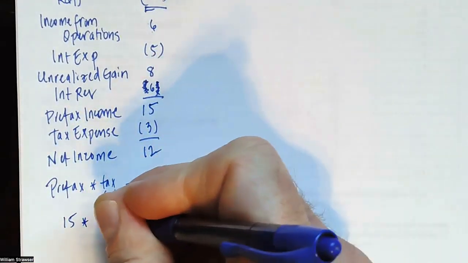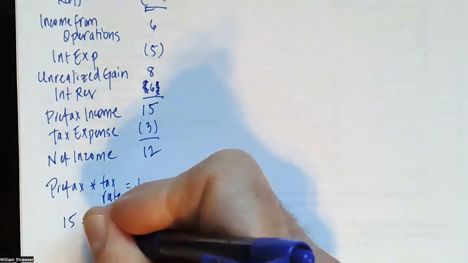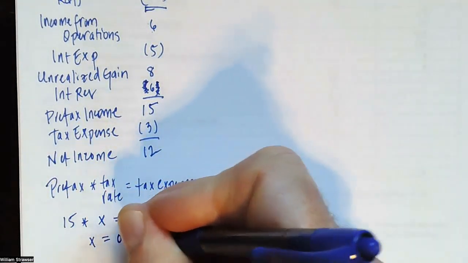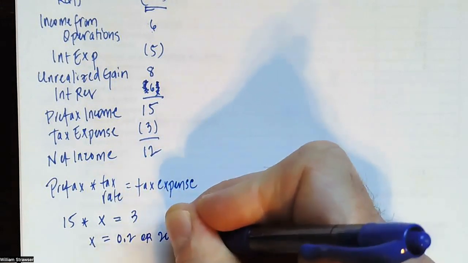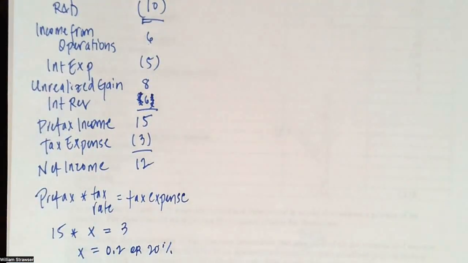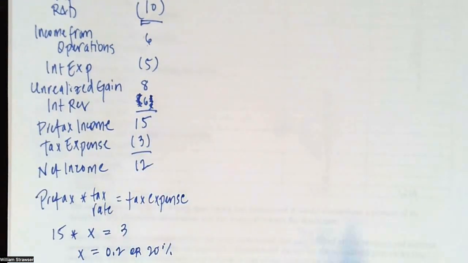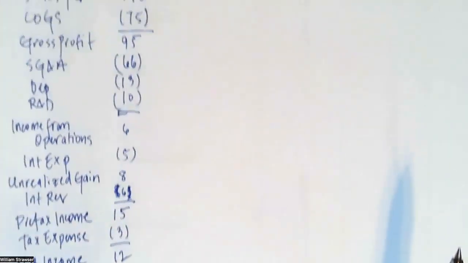Solving for x gives me 3. And then if you do the math, you'll find that x is 0.2 or 20%. That's going to be necessary because when we break the company apart, it will come to a different pre-tax income, and we're going to have to know the amount of tax to apply to it.